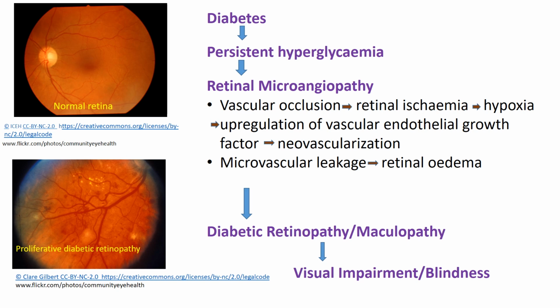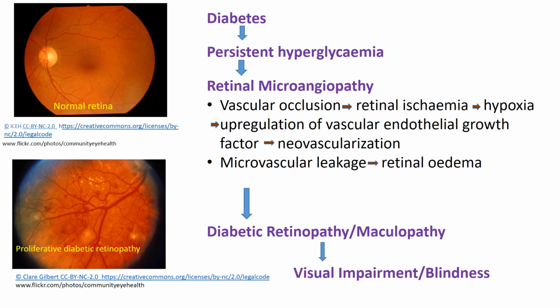The image at the top shows a normal healthy retina. This is the back lining of the eye, and it has small blood vessels which can be identified from this image. Persistent hyperglycemia affects these small blood vessels. They may get occluded, which leads to ischemia and hypoxia.